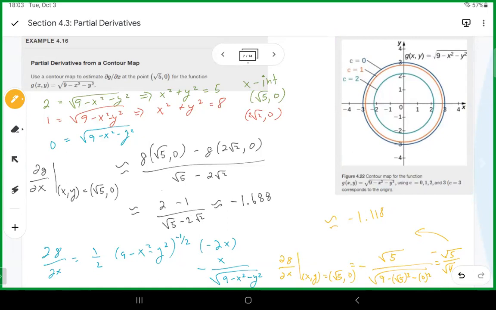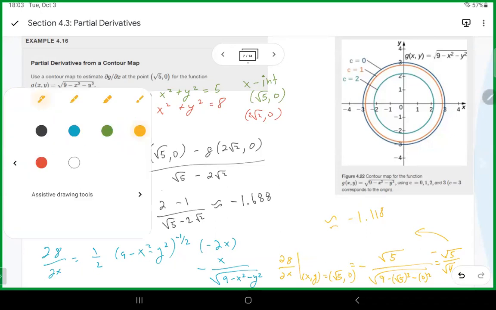So the estimate for the partial derivative corresponds to the slope of the secant line through the points square root of 5. I don't know where to show this.